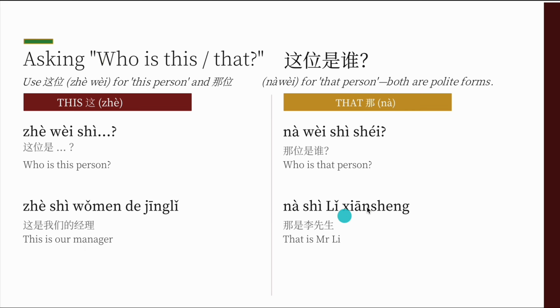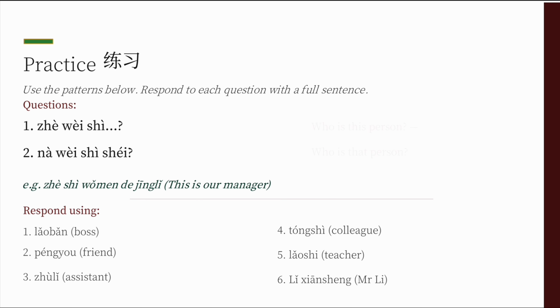So let's take the words again. 这位是我们的经理。那位是谁？那是李先生。Can you read it? 好，非常好。我们继续。So let's practice.